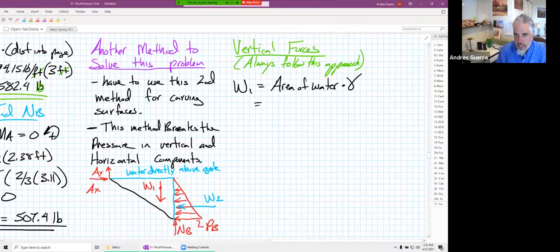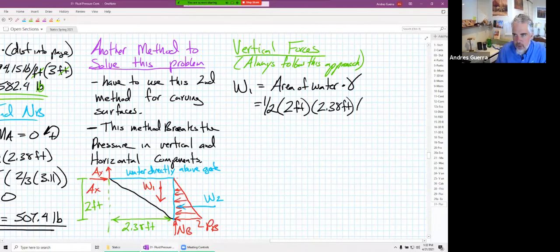So we can find the area of our water, 1/2. Let's get some dimensions back on our picture over here. This was a dimension of 2.38 feet. We had a height over here of 2 feet. So 1/2 times 2 feet times 2.38 feet, and then we multiply by 62.4 pounds per cubic foot.